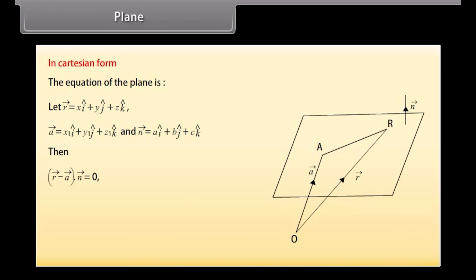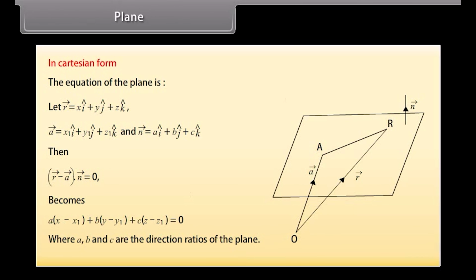Then the dot product of vector r minus vector A and vector n equals 0 becomes a into x minus x1 plus b into y minus y1 plus c into z minus z1 equals 0, where a, b, and c are the direction ratios of the plane.